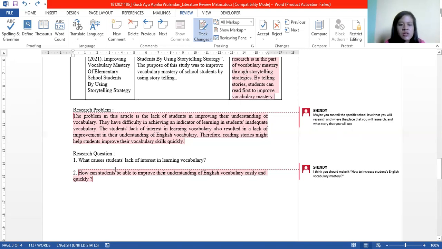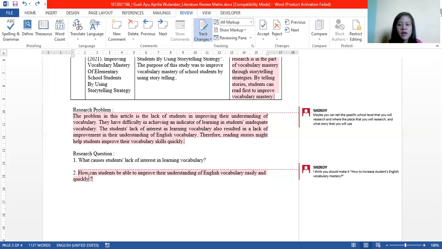And for the research question, I think you can ask how to increase students' English vocabulary mastery. If you ask how students can improve their understanding of English vocabulary easily and quickly, this question is related to the students. How can students find their solution to their problem?